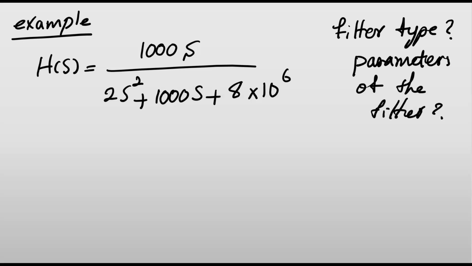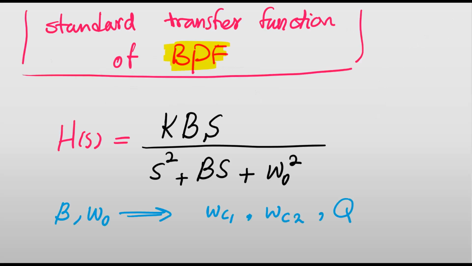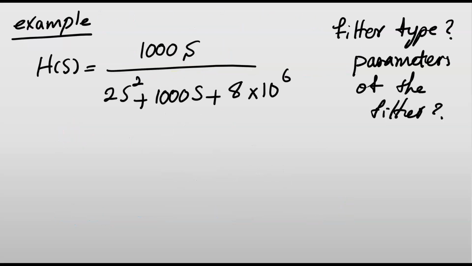You don't know about the transfer function of a band reject yet, but for a band pass filter, we know that we need to have s in the numerator.